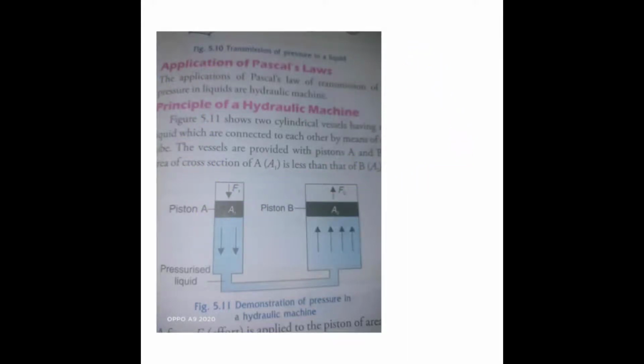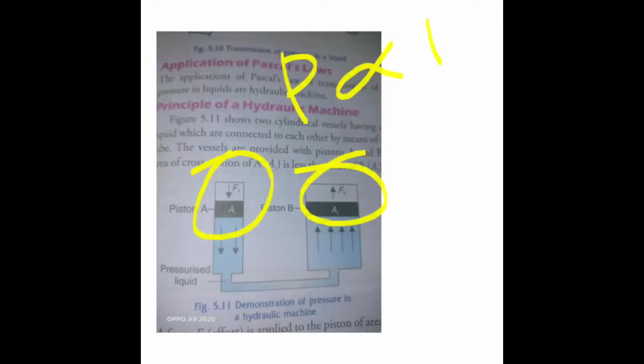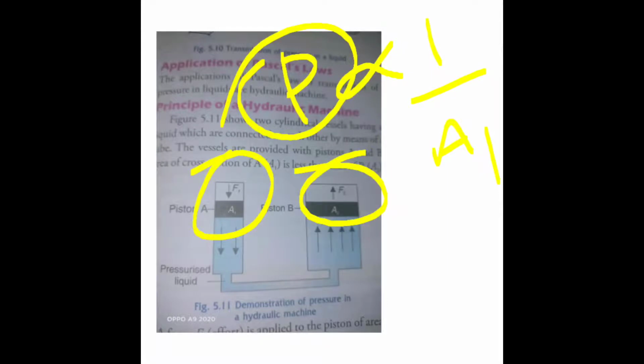When you apply a small force F1, it will produce a large force F2, because pressure is inversely proportional to area. With a small cross-sectional area you require less force, but the same pressure transmitted to the other end produces a larger force. That means F2 is definitely greater than F1.